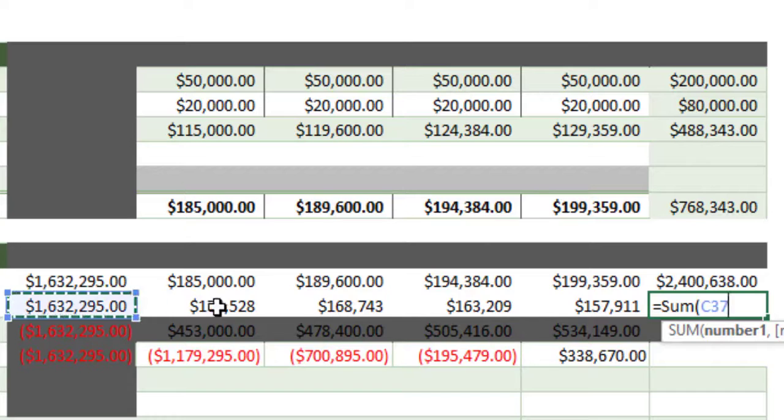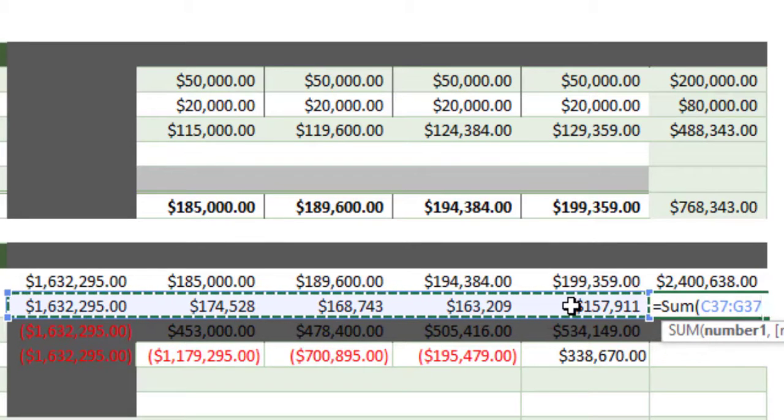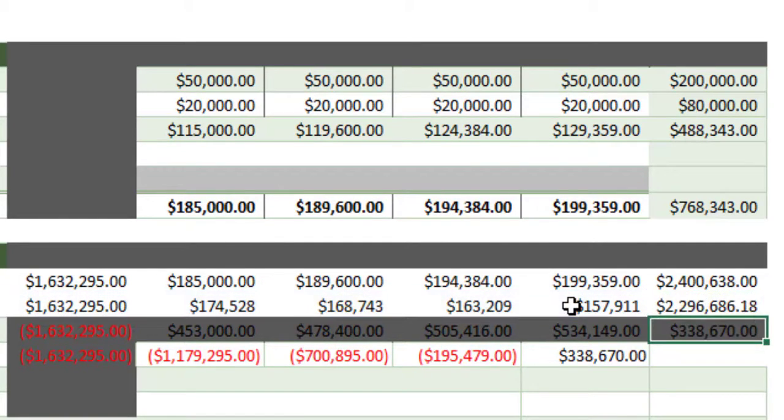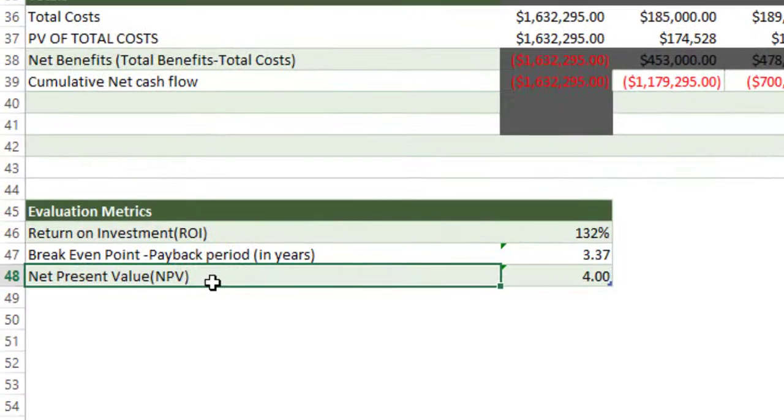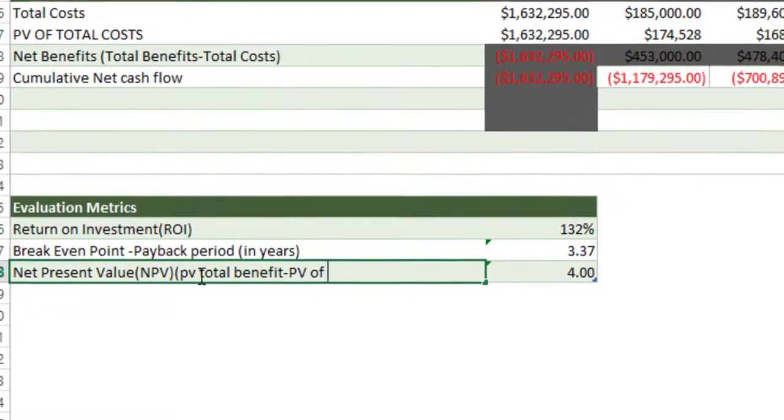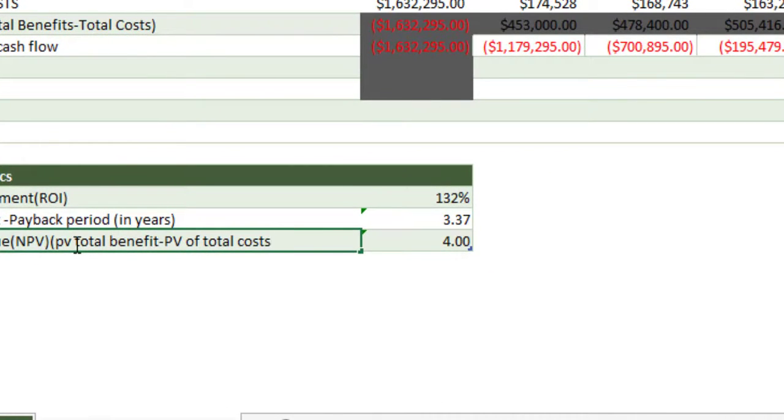And of course, I also get the summation of that particular range, and it gives me 2,296,686. When you're determining the net present value, you normally take the PV of the total benefit, then you subtract the PV of total costs.